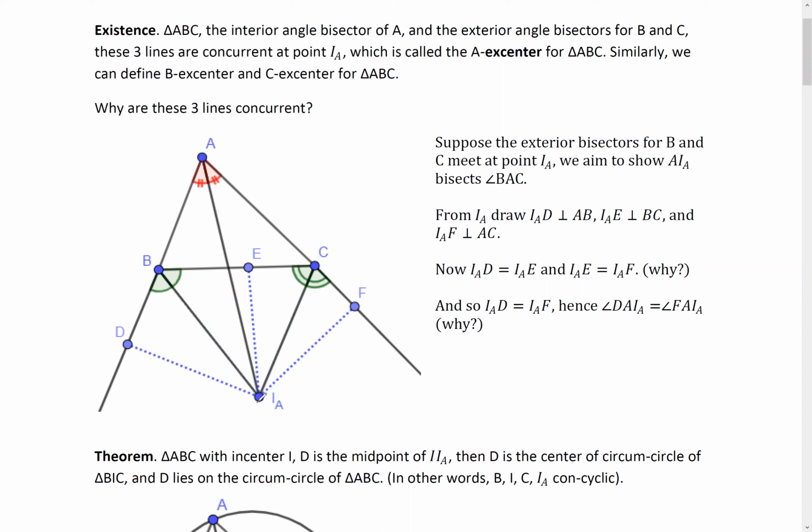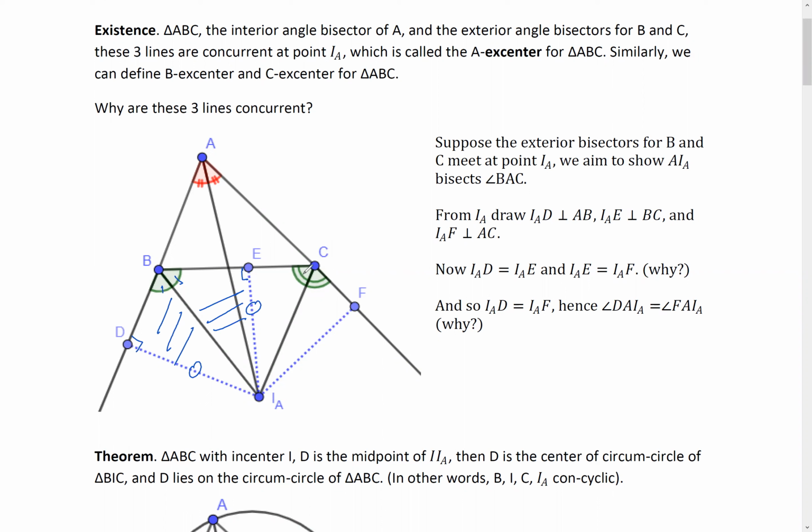Basically from IA, you draw three perpendicular lines onto AB, onto BC, also onto AC. Because this is a bisector, and these are 90 degrees, this triangle is congruent to that. So you have this one equal this.